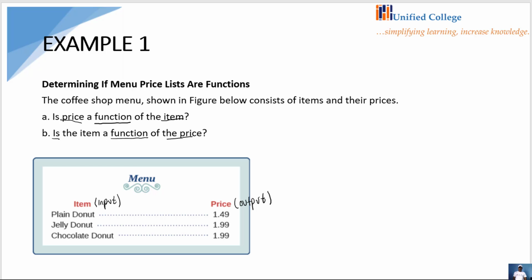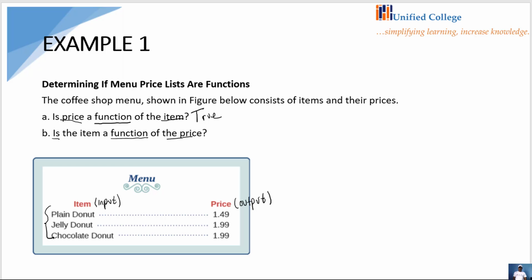The plain donuts, the jelly donuts, the chocolate donuts, all of them are unique and they map to certain prices. Just by looking at all these inputs as unique, we can conclude that question 1 is true.